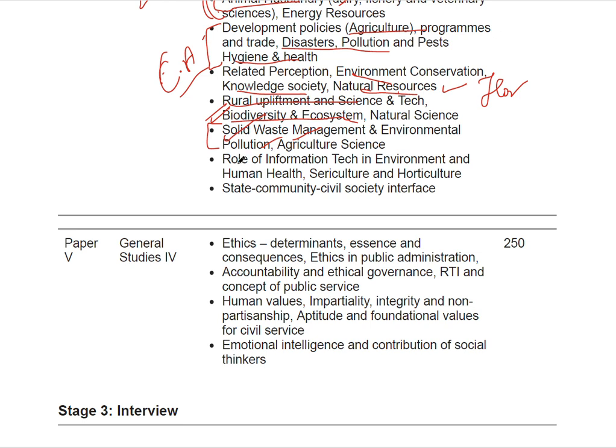Next part is the role of IT in environment, human health, sericulture, horticulture. These are the complementary branches of agriculture. This can help us reduce poverty to a great extent.